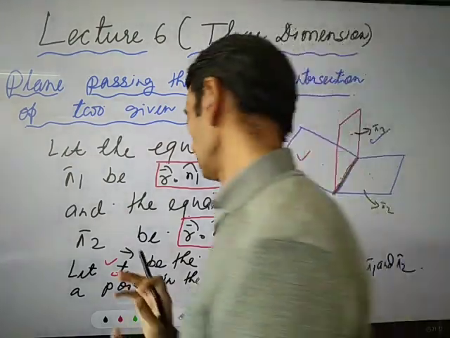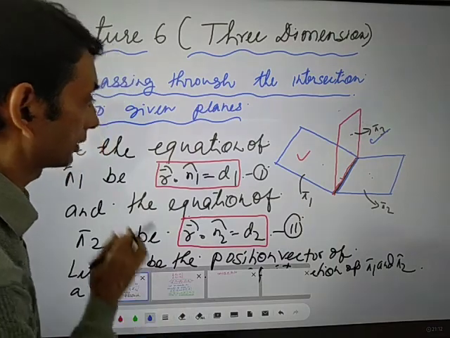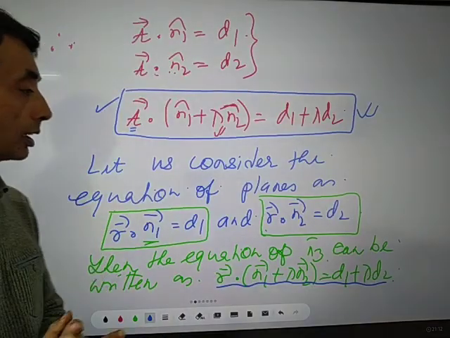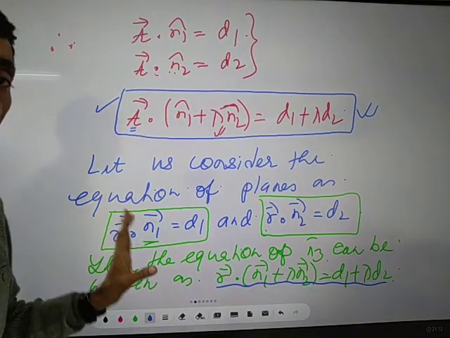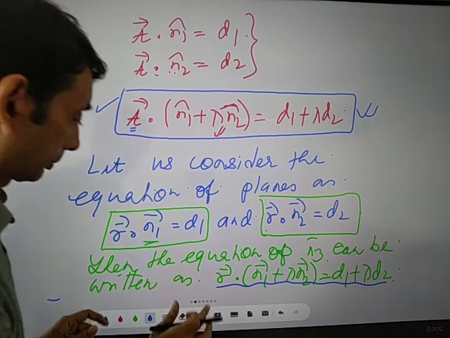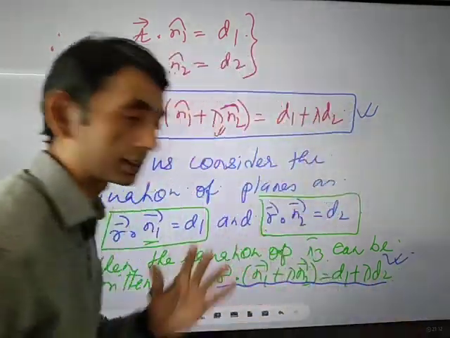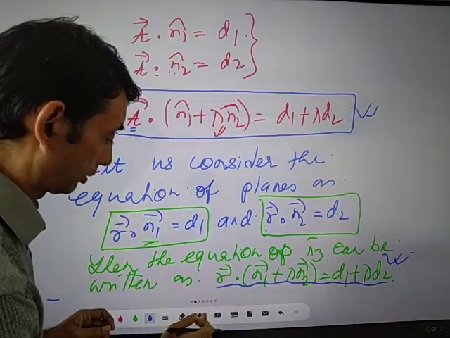Now let's move to the next page. From this equation we'll derive the Cartesian form. This is very important, please note it down. We'll start the Cartesian form now.